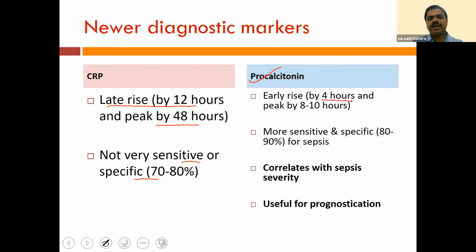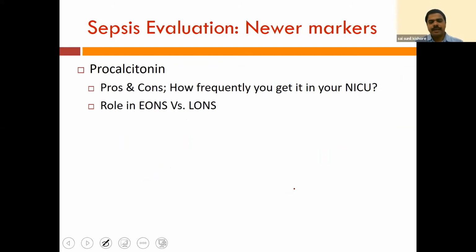Within 4 hours it will start rising, and it will peak by 8 to 10 hours. It is more sensitive and specific, and it also correlates with the sepsis severity. If the sepsis is more, then PCT values will be more, and it is also useful for prognostication, as any value beyond 10 is associated with poor prognosis. These are some of the advantages of PCT as compared to your conventional screen and CRP. As I told you, the role is better in late onset sepsis as compared to early onset sepsis.